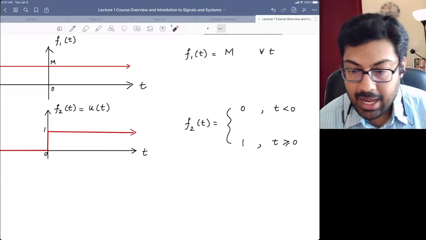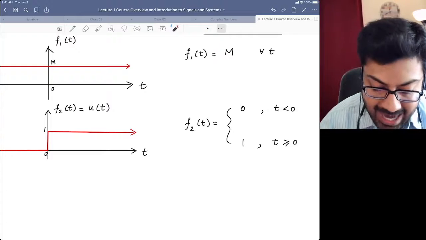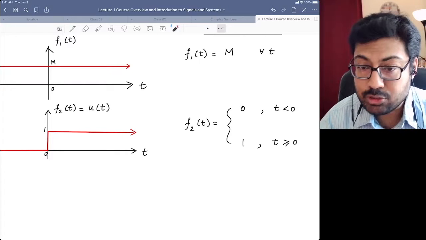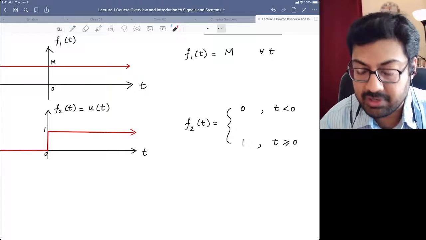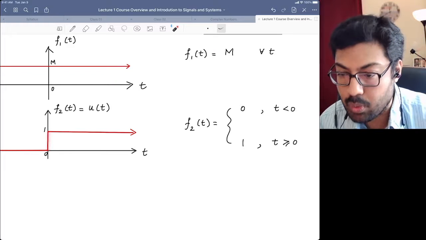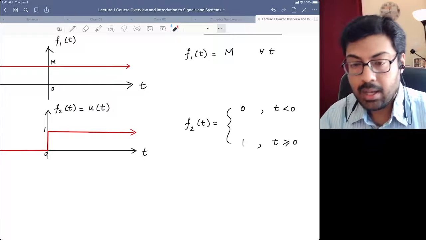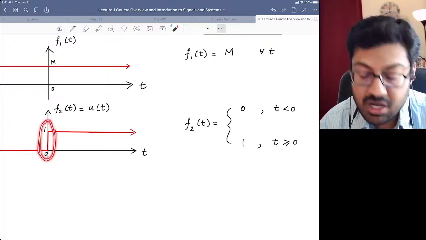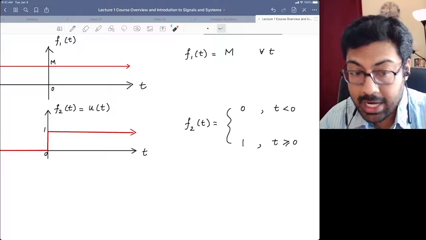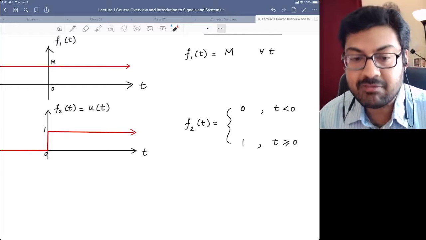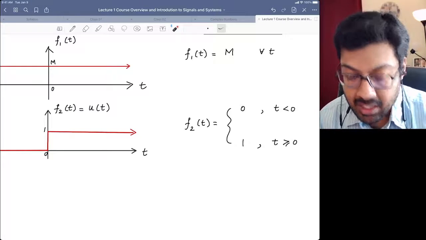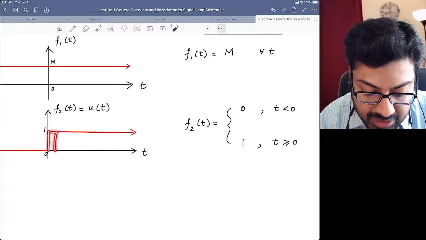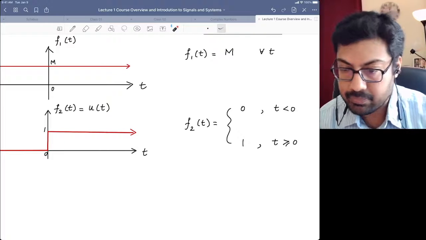Now, I would like to point out this. At time 0, actually there is a discontinuity in the signal. It is jumping instantly from 0 to 1, right? So later on, when we try to zoom in and observe this jump in more detail, we will actually evaluate this as a rectangle whose width is tending towards 0.